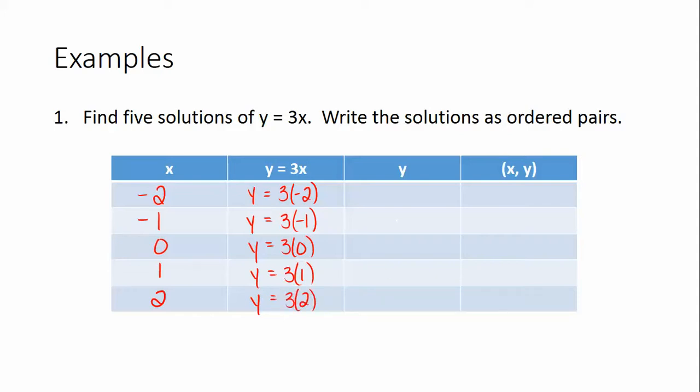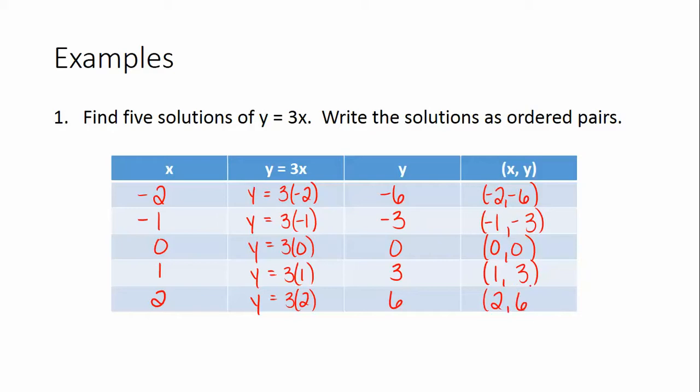To get the y column, you simply multiply those numbers. 3 times -2 is -6, then -3, 0, 3, and 6. Finally we write our answers as ordered pairs: -2, -6; -1, -3; 0, 0; 1, 3; and 2, 6.